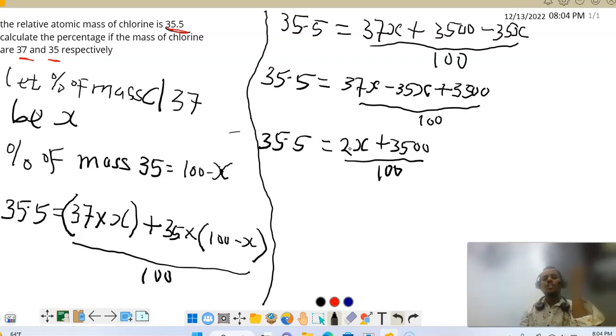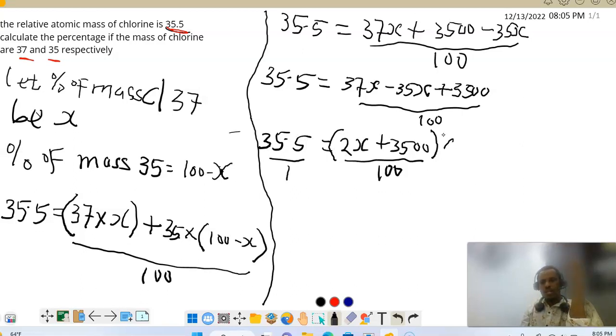We need to create a linear equation. How do you create a linear equation? Here there is a hidden 1, so we get a fraction. For the fraction of 1 and 100, we look for the LCM of 1 and 100. The LCM of 1 and 100 is 100. You multiply the LCM throughout both sides to get a linear equation.